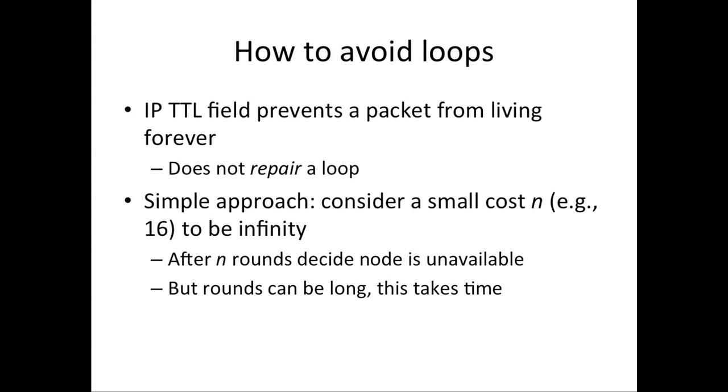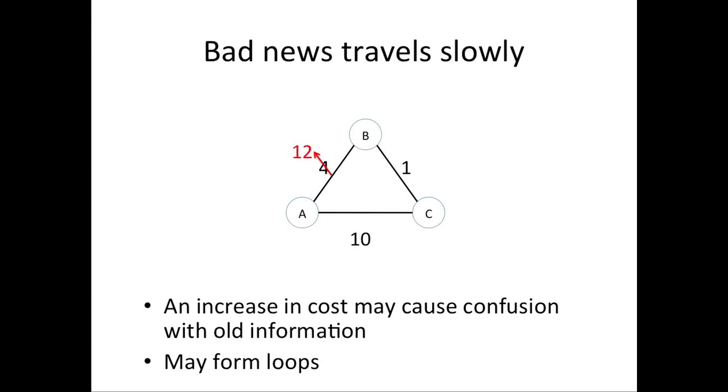Now we know that these routing protocols can sometimes give you loops. How can you get loops? I guess you were asking that question, right? How might you get a loop here? Just think of information that is not synchronized, right?